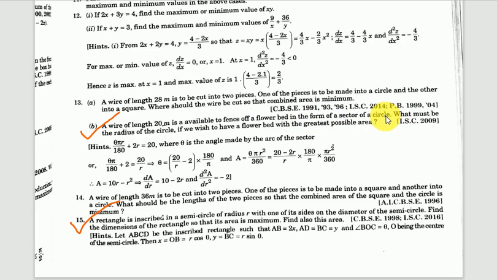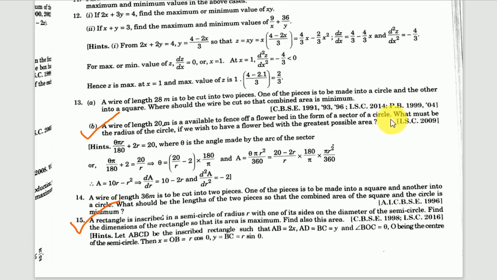What must be the radius of the circle if we wish to have a flower bed with the greatest possible area? So there is a wire of length 20 meter and one person who wants to do the fencing of the flower bed in the form of a sector of a circle.